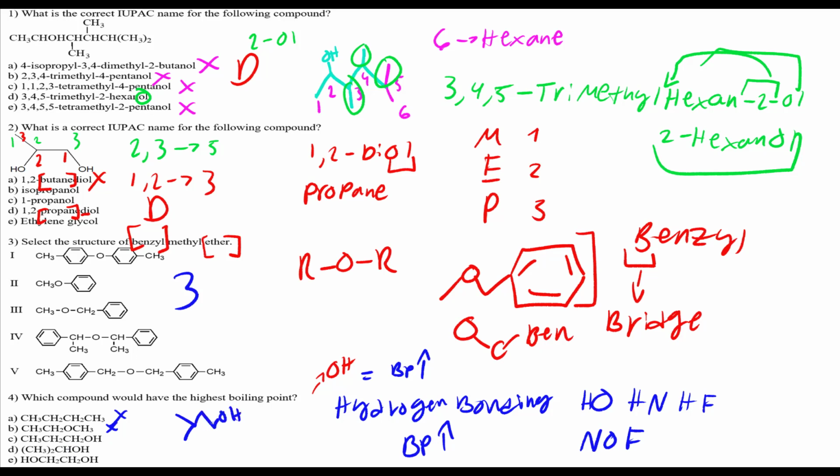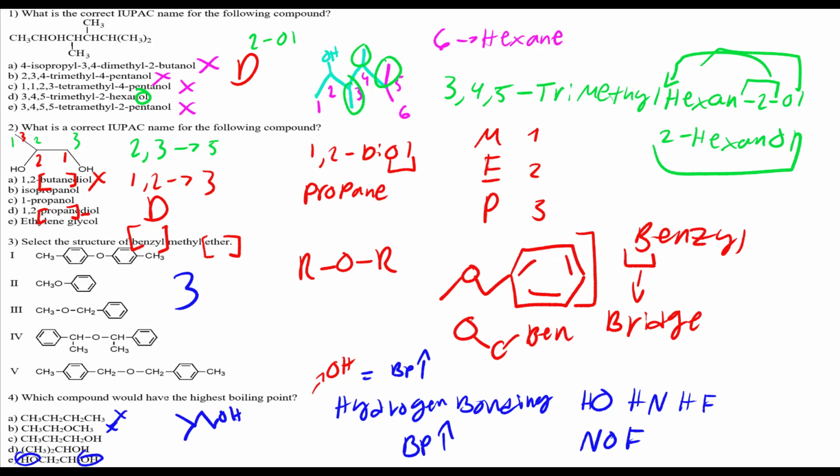We have a lot of hydrogens and a lot of carbons right here, but it's not too good because compared to E, it only has one alcohol. E has 2 alcohols, 1 and 2. And the more alcohols you have, or the more hydrogen bonding you have, the more of a boiling point you will create. Okay, so E would be the correct answer choice simply because it has the most alcohols.